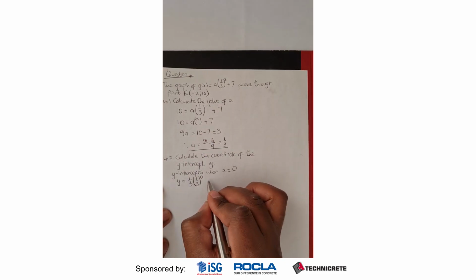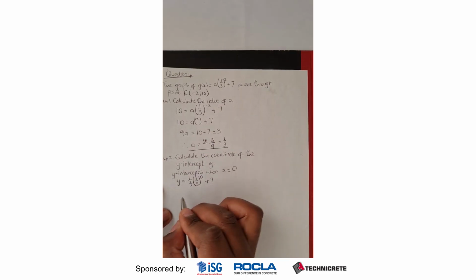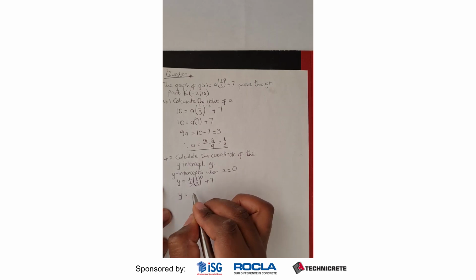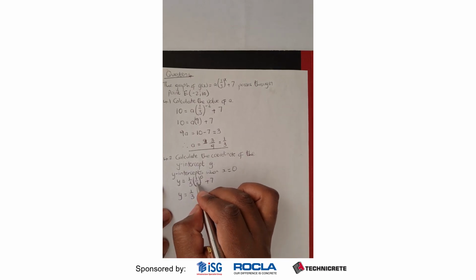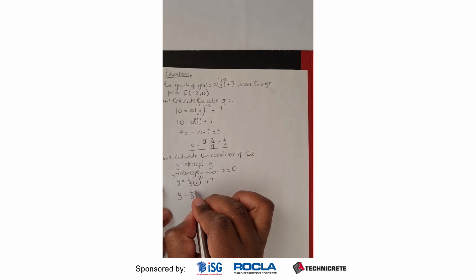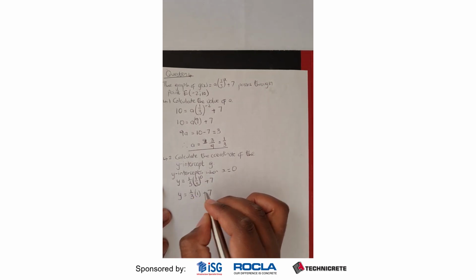Our x becomes 0 plus 7. And our y is 1 over 3. This, any number to the power of 0 is 1. So we multiply by 1 plus 7.